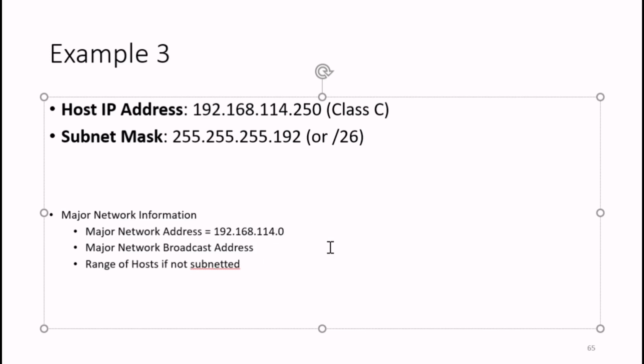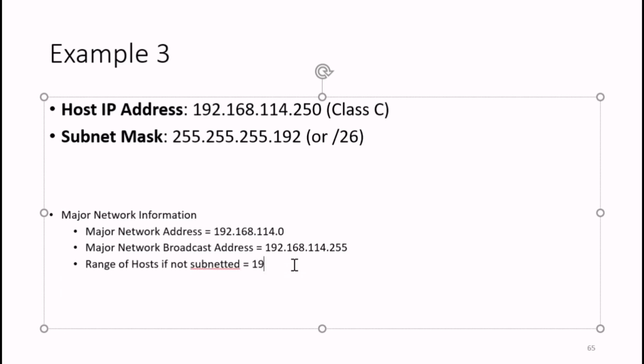And for the major network broadcast address, the host part should be all 1s in binary. So it means that you get 192.168.114.255. And what is the range of hosts if it's not subnetted?